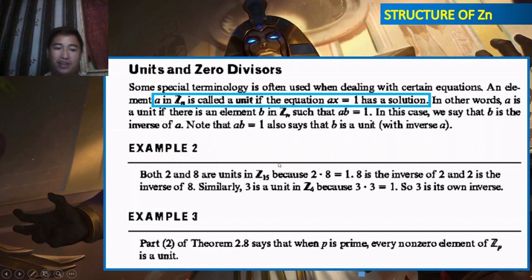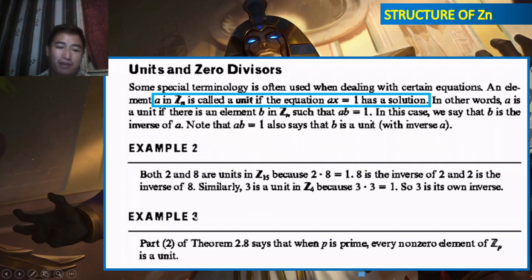Si 2 po is the inverse of 8. Okay, similarly, 3 is a unit in Z4 because 3 times 3 is 9. So, Z4, ang remainder na lang, kung divide mo ng 4 kay 1. So, 3 is its own inverse. 3 times 3 is 1 man.